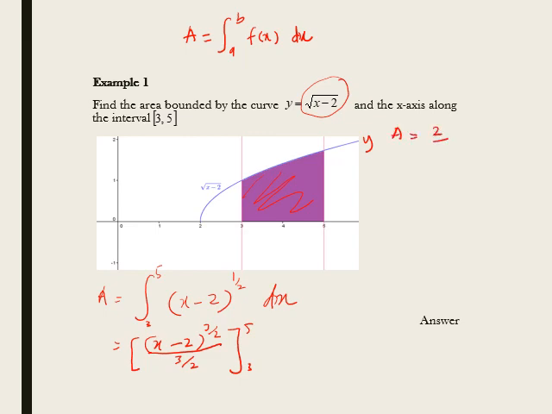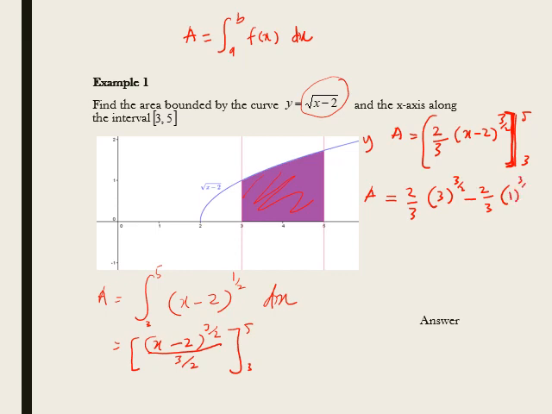It will be 2 over 3 (x minus 2) power 3 over 2 from 3 to 5. So you have learned how to solve definite integral, right? So the upper limit will minus the lower limit. So it will be 2 over 3, 5 minus 2 is 3, minus 2 over 3, 3 minus 2 is 1.